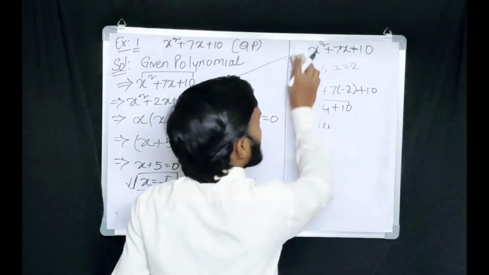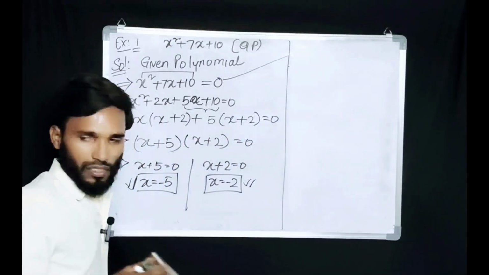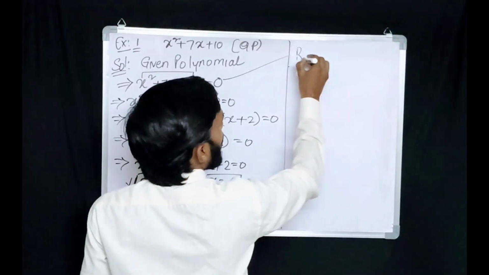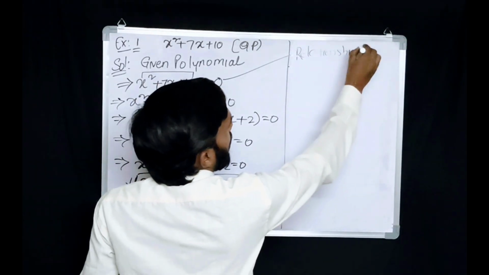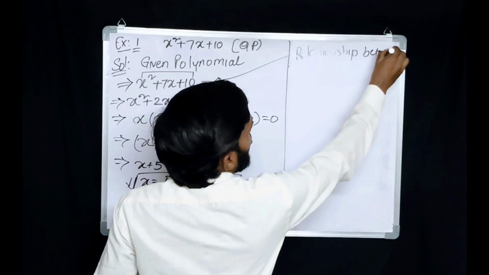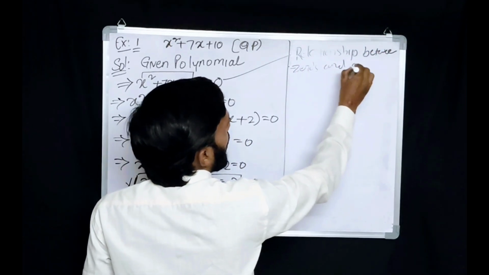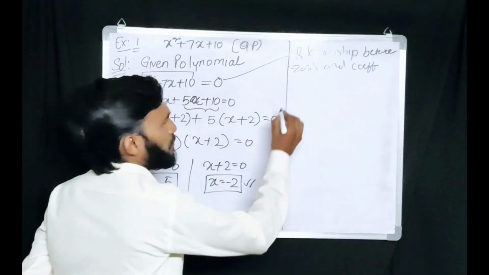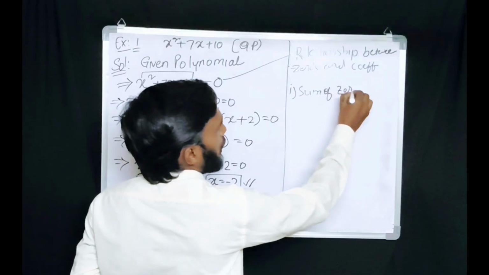Now see the relationship between zeros and coefficients. What is the first one? The first one is the sum of zeros.